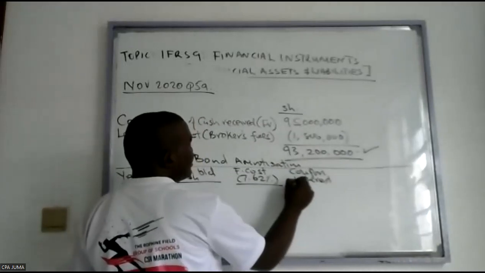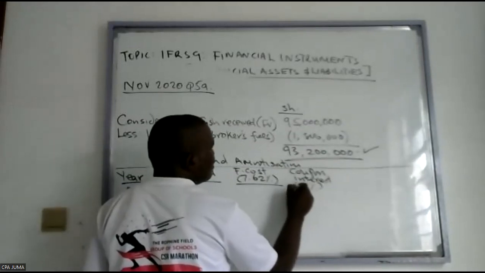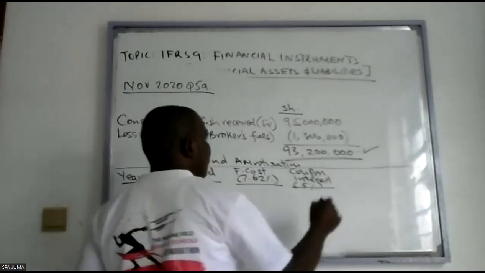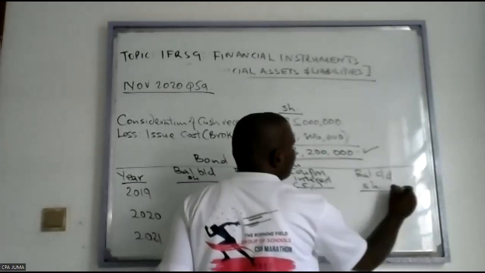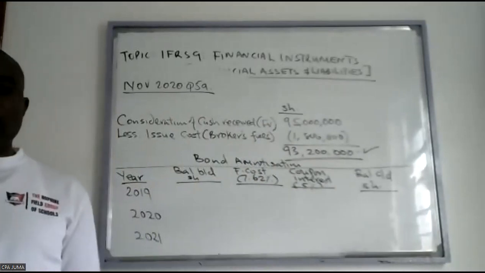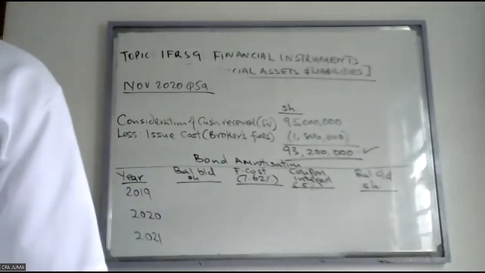Coupon interest was 5%. Then balance carried down. So we have to amortize when we make a conclusion.